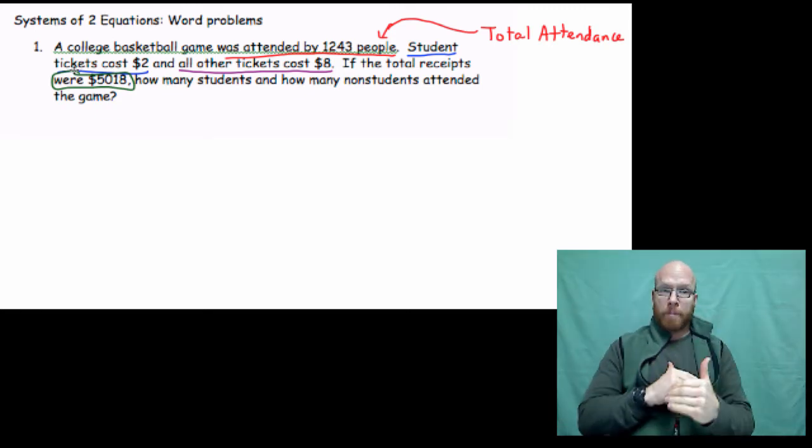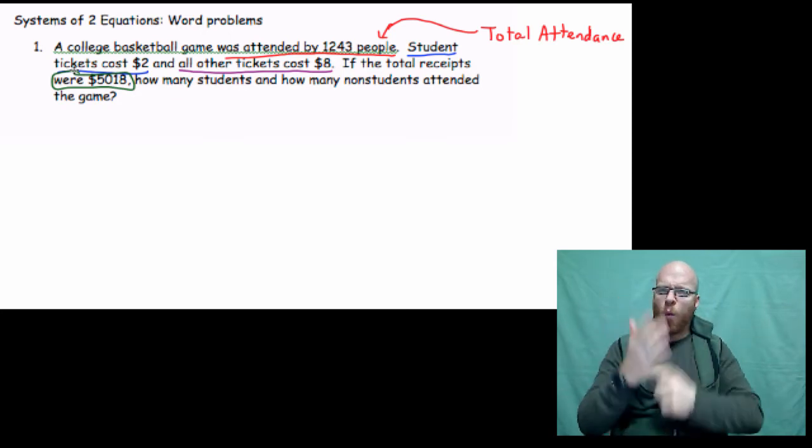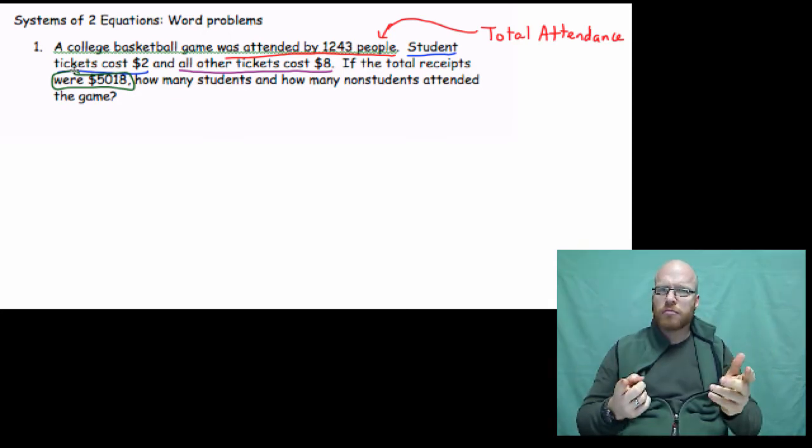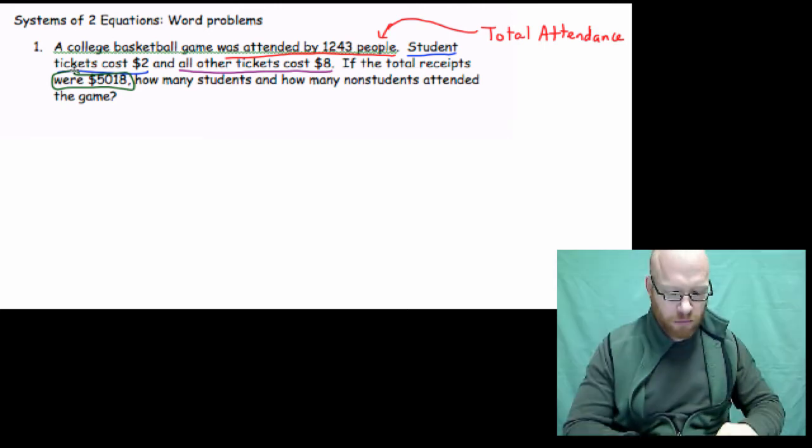The first step would be to discover or figure out what the question is. What's the problem asking us to find out? I'm gonna label it in yellow, and you'll see it in a minute.